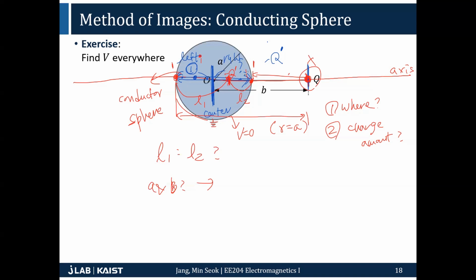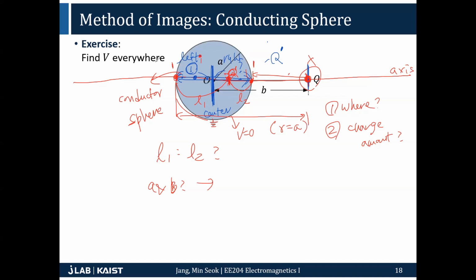And then the charge amount is also determined, because we know the actual length. If you compare the actual lengths, knowing that potential is inversely proportional to the length, then you already know the charge amount.